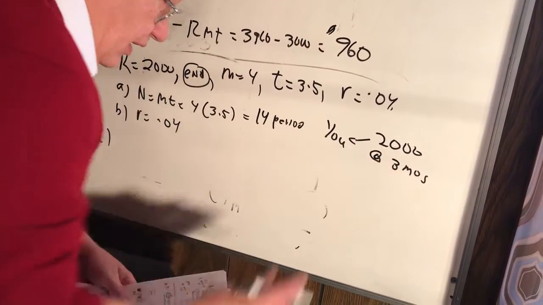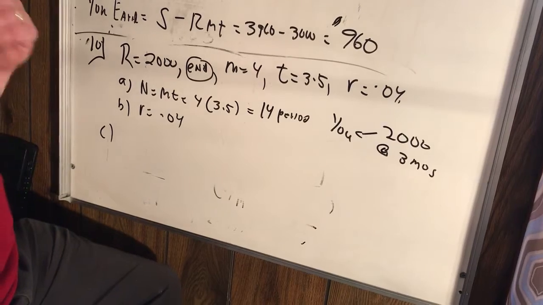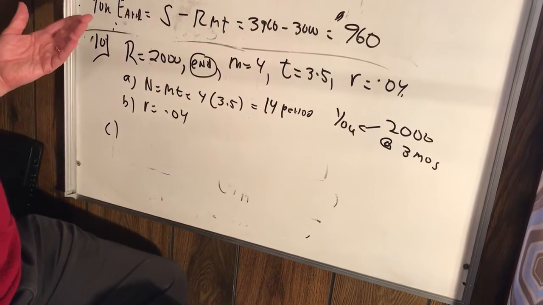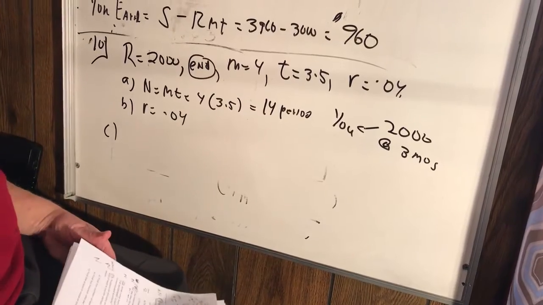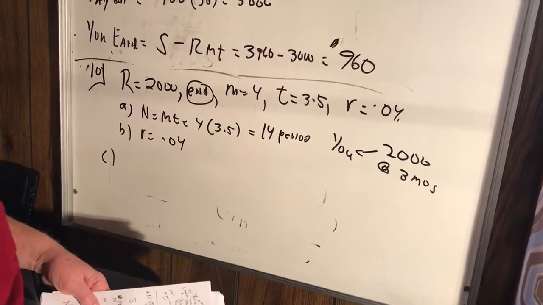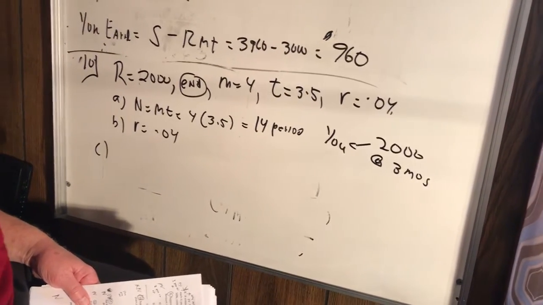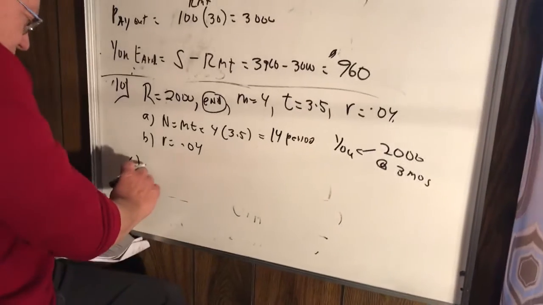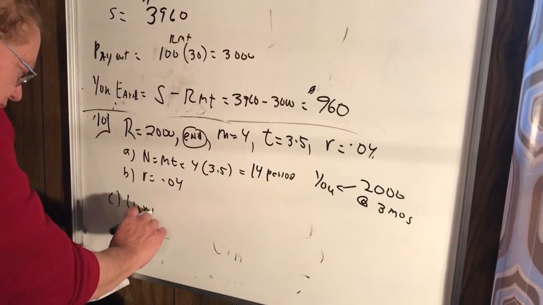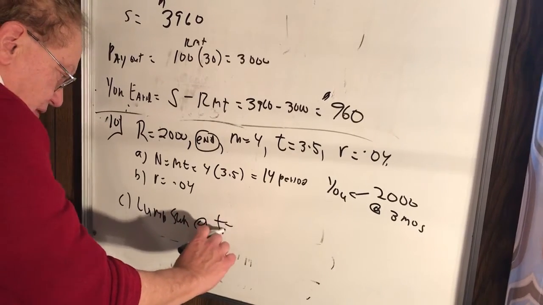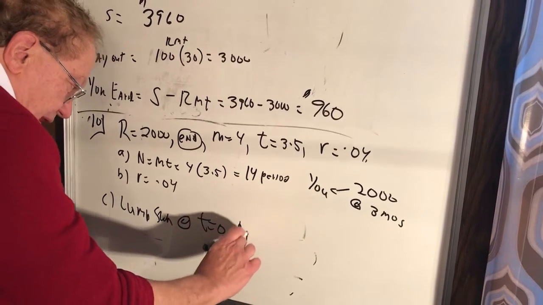So you're getting a check for 2,000. Well, in order for the 2,000 to come back to you, there had to have been something in there for the bank to play with. So what they're looking for is, what did I put in to generate the 2,000? So they're looking for a lump sum at time 0. That's your present value.